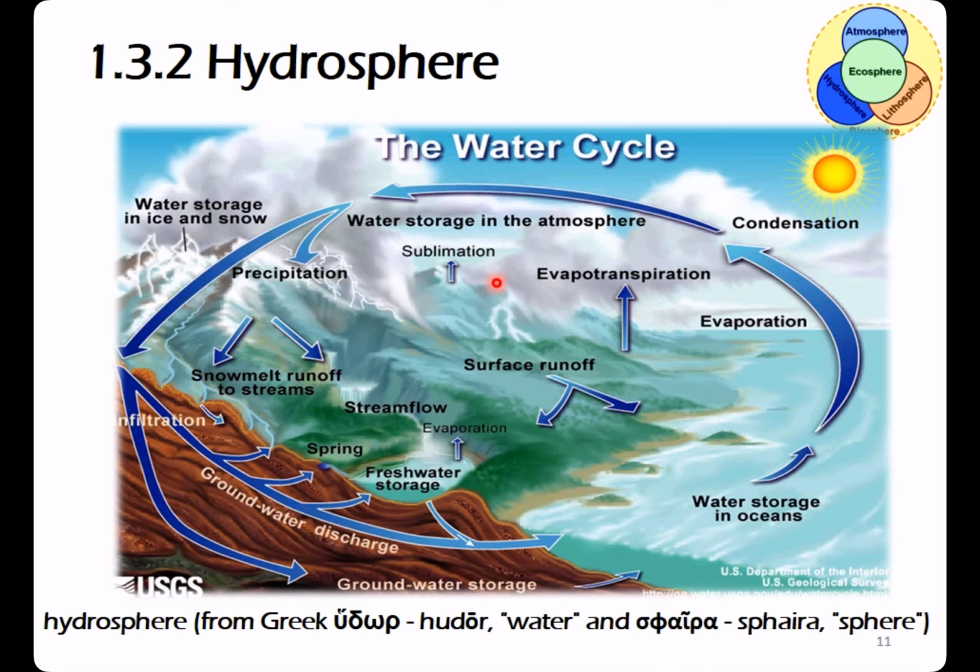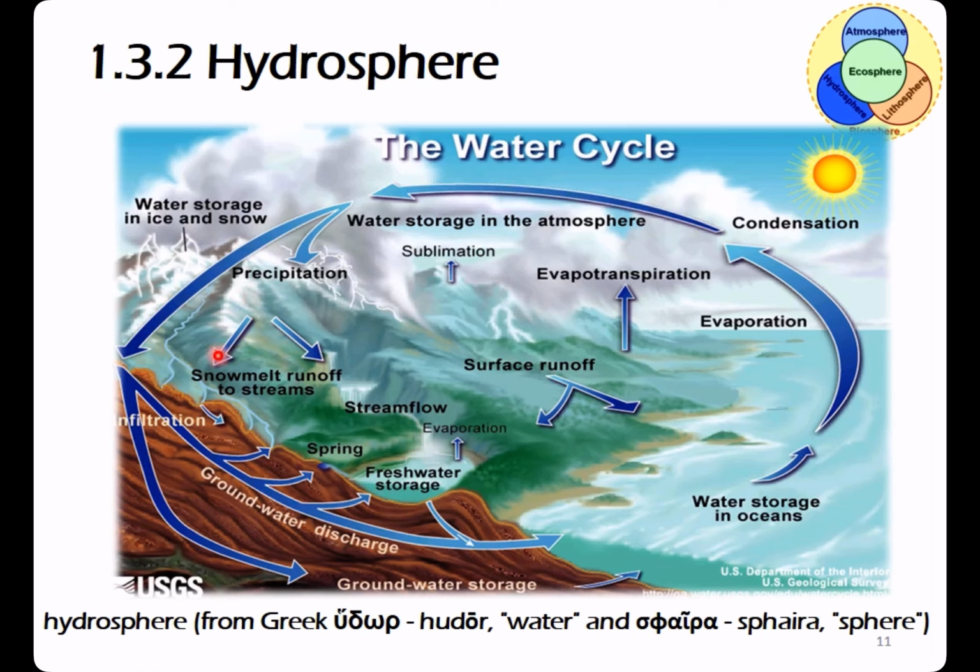Sublimation refers to the process where solid turns directly into gas. And evapotranspiration, or simply transpiration, refers to the process where water passes through plants into the air. Now the water in the atmosphere can precipitate into ice or snows or rain.